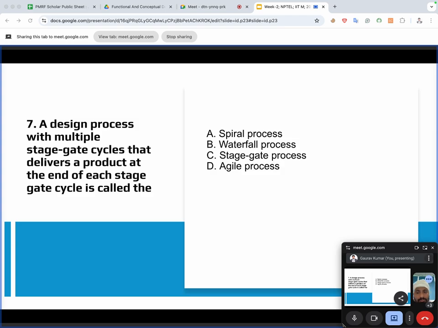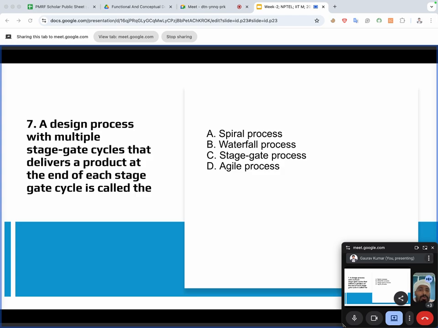Let me quickly tell you about all these processes. Is it okay if I tell you? The spiral process is basically an iterative product development process where a product is developed in loops, called a spiral.